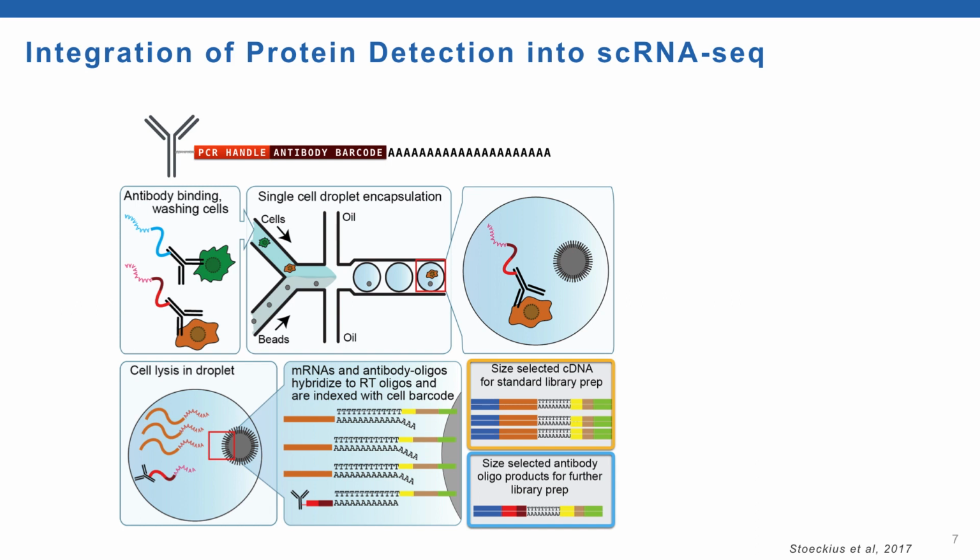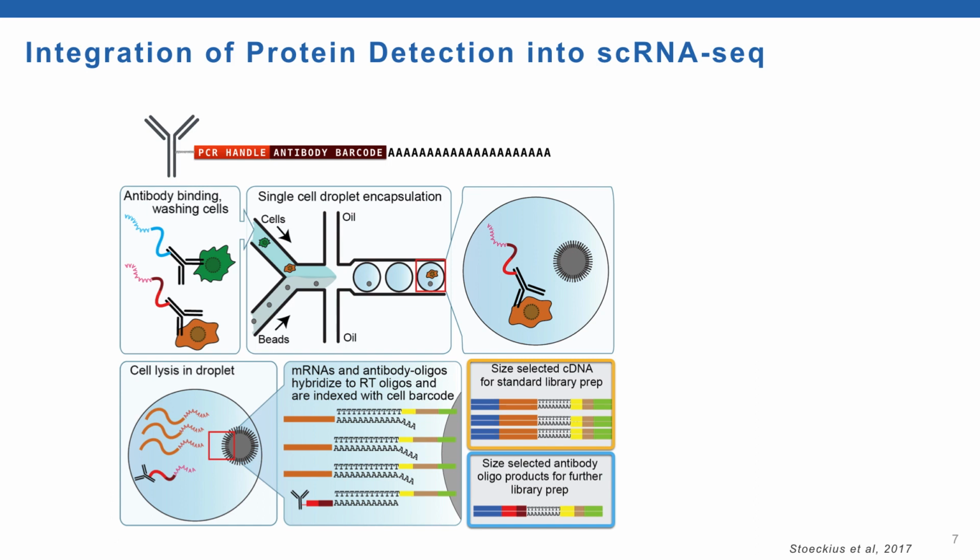You can then follow standard library prep procedures. Ordinarily, when you do these types of methods, you size select your resulting cDNA. You keep the large fraction, which contains your mRNA-derived cDNA, and you discard the smaller fraction, which contains primer dimers and a bunch of mess that you don't normally need. However, in our method, we actually recover all of the useful protein information from this fraction that you would otherwise throw away.